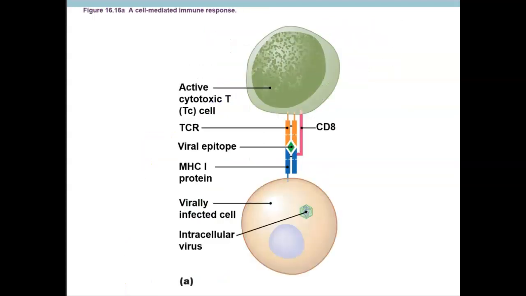We can see this with a virus-infected cell as well. Here's our class 1 MHC protein. Here's our T cell with the CD8 to detect and make sure that this is the right kind of MHC class 1. Again, this is the protein that we're checking for before we do a transplant. We want the donor cells to have the right kind of MHC class 1 protein, so that the T cells recognize it with their CD8.